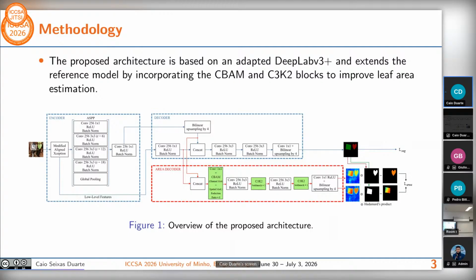So I had to change the attention model. I chose CBAM, as CBAM doesn't have a high computational cost. A low computational cost model. Okay, thank you.